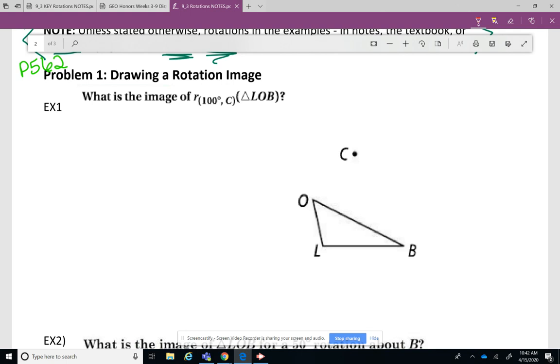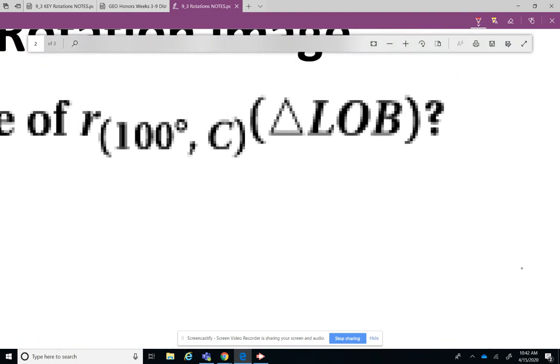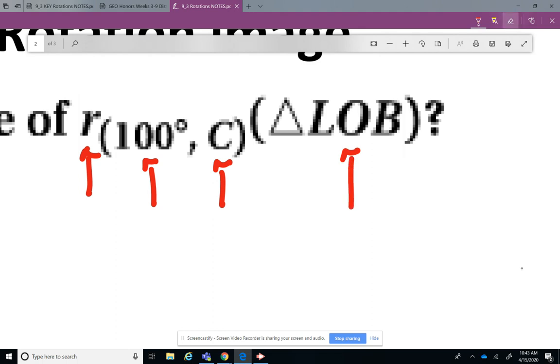All right, so what we're going to do, let's go ahead and read what we're doing first right here. We're going to rotate 100 degrees about point C, and we are rotating triangle LOB. And when we get finished, we should have triangle L prime, O prime, B prime. All right, so let's look at this picture.